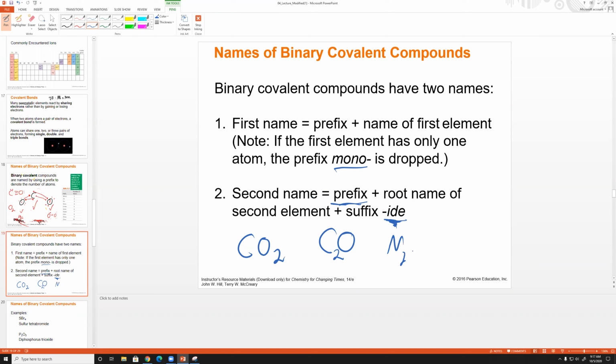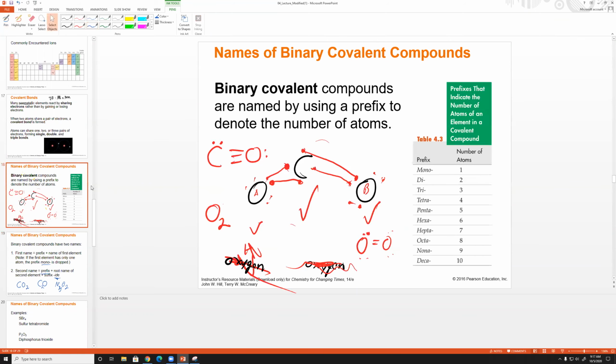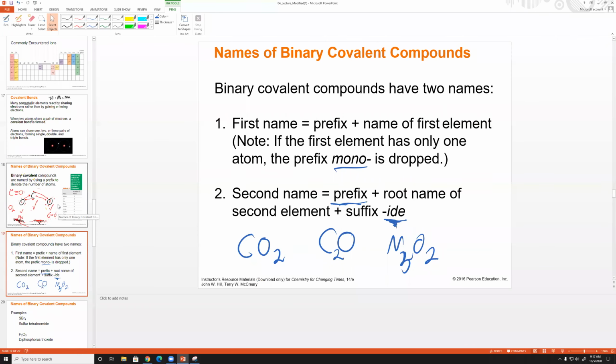Let's do some other ones. This would be dinitrogen monoxide. This would be dinitrogen dioxide. This would be trinitrogen dioxide, etc. So you kind of get the point. Now it's a bit easier to name.